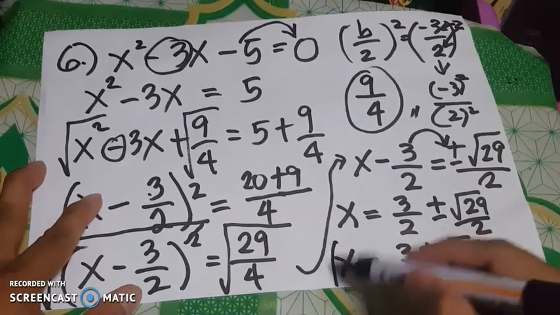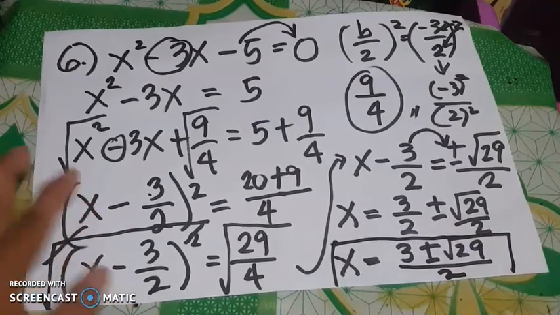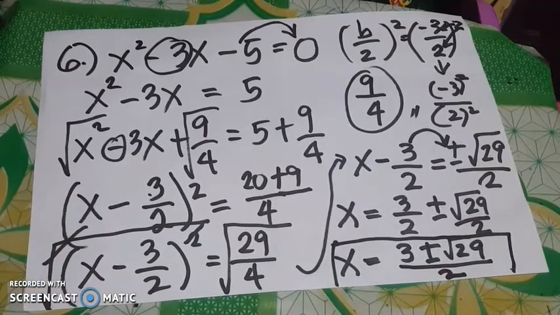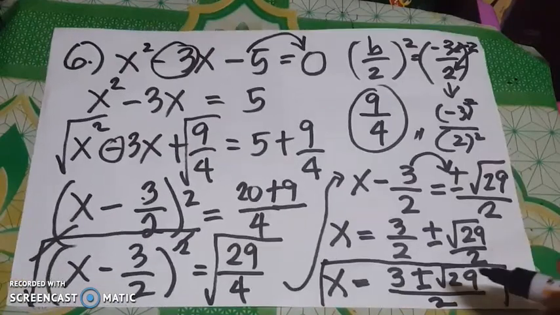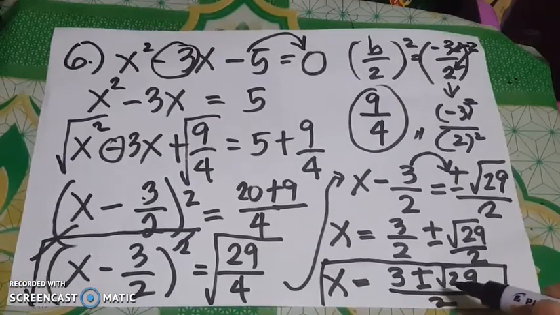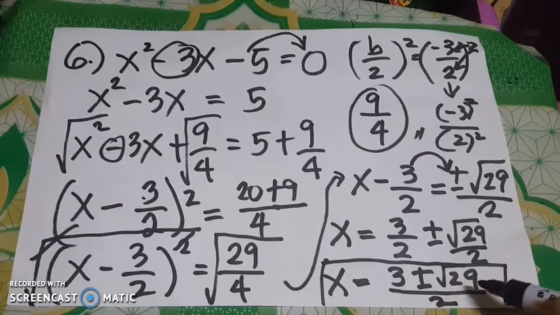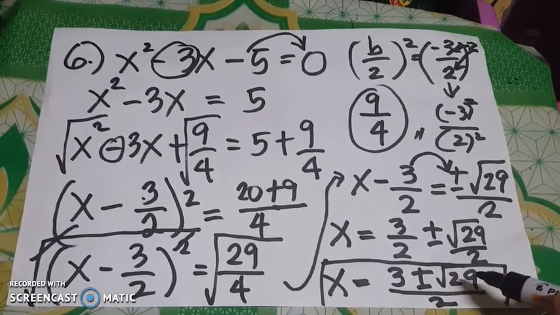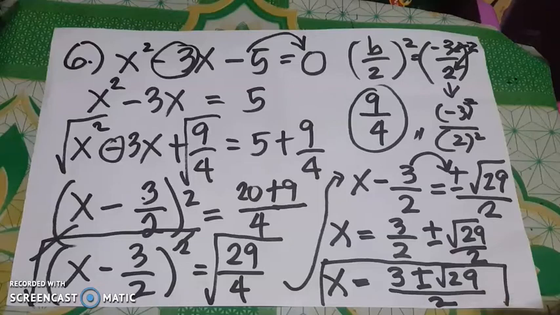So we'll have that as the answer for number 6. Kasi sabi natin, even if hindi natin siya paghiwalayin, kung hindi naman exact yung solutions niya, enough na yun, acceptable na yun as an answer, even if hindi na natin siya paghiwalayin. So that's how we solve examples of quadratic equations.